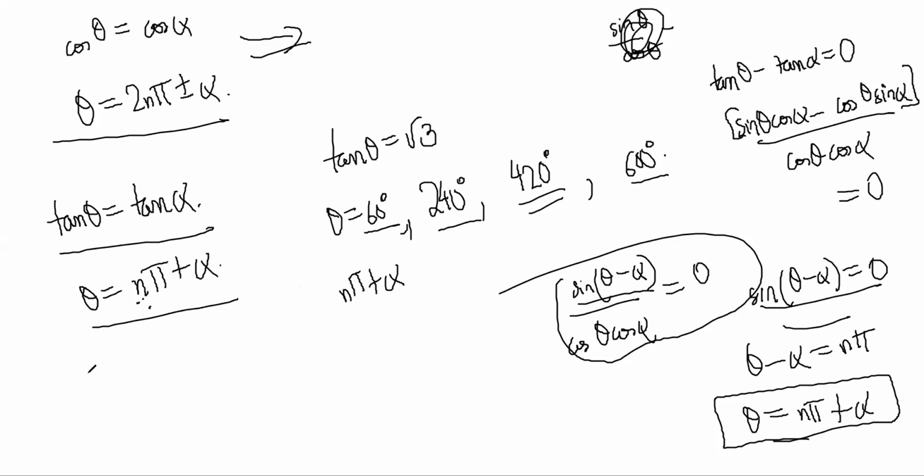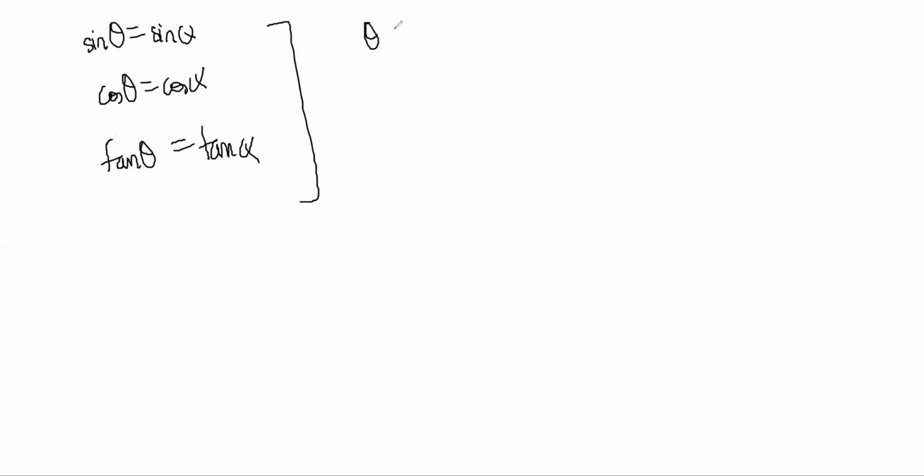Correct, no? So right now we have learned how to solve 3 types of equations: sin theta is equal to sine alpha, cos theta is equal to cos alpha, and tan theta is equal to tan alpha. And in each case, we have learned a way to write all possible solutions of it.